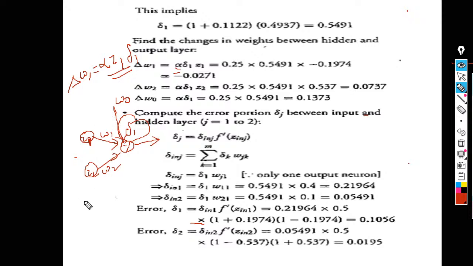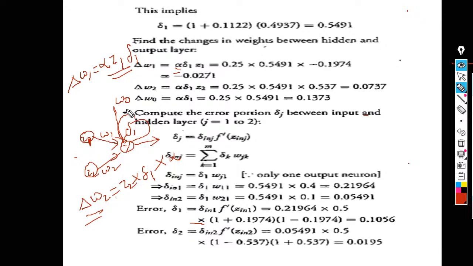Similarly, suppose I want to calculate delta w2, for w2. Just check that z2 is coming to y, right? So we multiply z2, then the error delta 1, and alpha. So we can calculate w2.